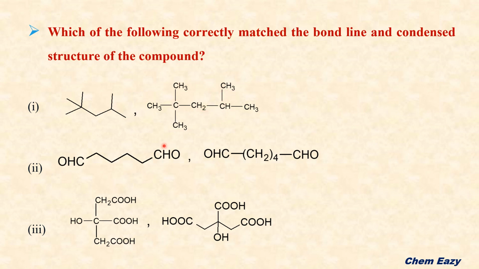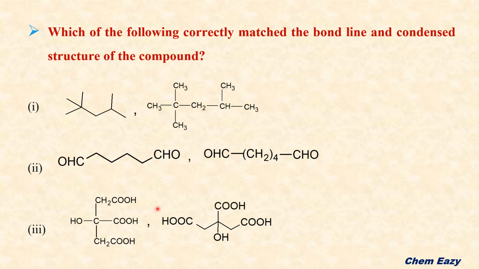Then the second option, 2 terminal ends having CHO, CHO, and here CH2, CH2, CH2, CH2. So there are 4 CH2 groups and 2 terminal ends having CHO. So here CHO at 2 terminal ends, in the middle CH2 4 times. So this also exactly matches.